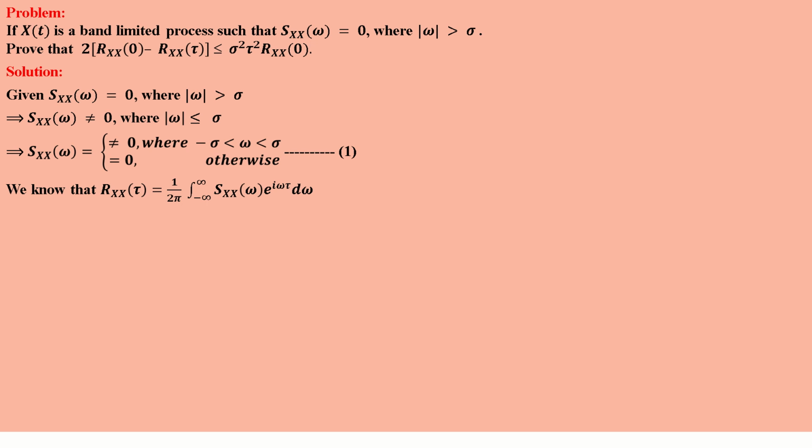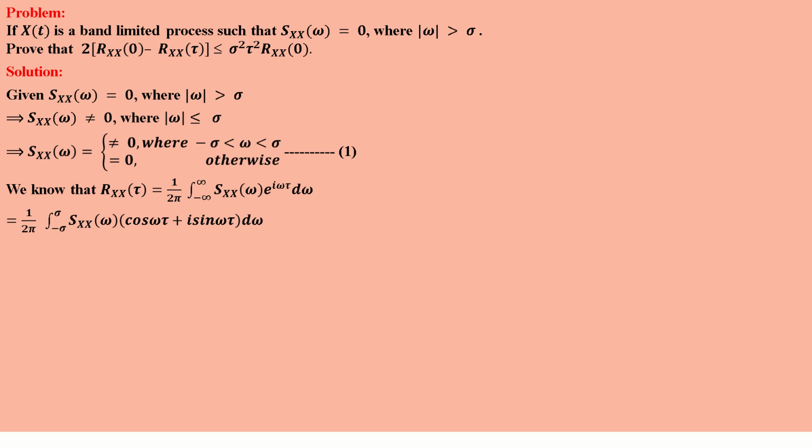We know that Rxx of tau is equal to the inverse Fourier transformation of Sxx of omega. That is equal to 1 by 2 pi integral minus infinity to plus infinity Sxx of omega e power i omega tau d omega, which is equal to 1 by 2 pi integral minus sigma to plus sigma Sxx of omega (cos omega tau plus i sin omega tau) d omega, right?